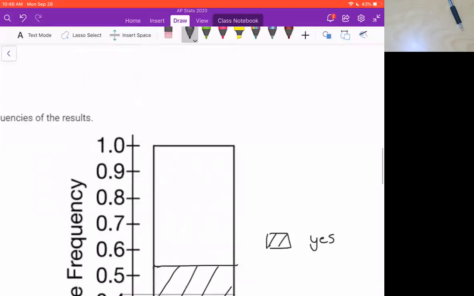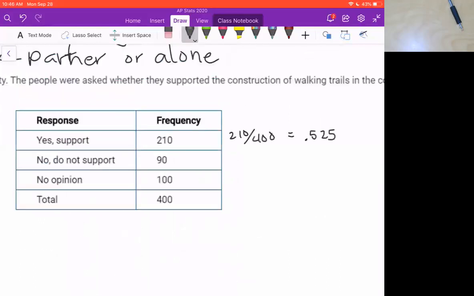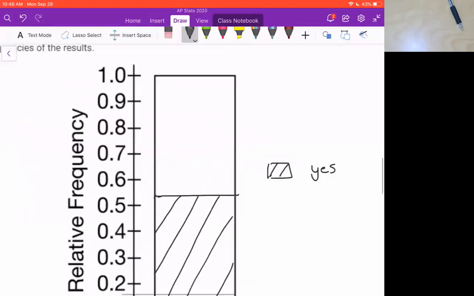And then the no's, there were 90 out of 400. So 90 out of 400 is 0.225. So I'm going to add that to my 0.525, and that takes me up to 0.75.